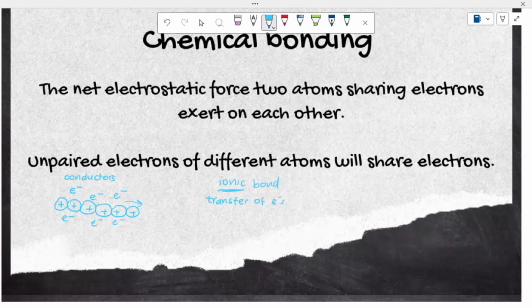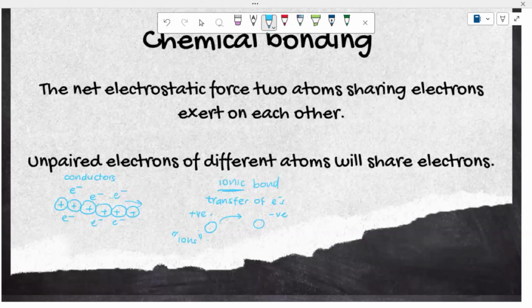So if we have an atom that has a set amount of electrons and we transfer those electrons to another, then this atom will become more positively charged, whereas this one, because it's gaining electrons, will become more negatively charged. And then obviously charged atoms are called ions. So the whole idea of ionic bonds is that we're transferring these electrons, changing the charge of each atom and forming ions, right?